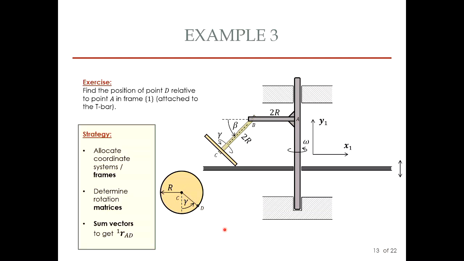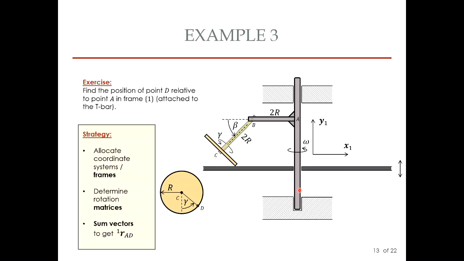But each of these vectors is conveniently represented on a different coordinate system. So we are going to attach 3 coordinate systems in a way. But actually one of them is already given to us, which is this black one, frame 1. And frame 1 is rotating together with this T-shaped bar.